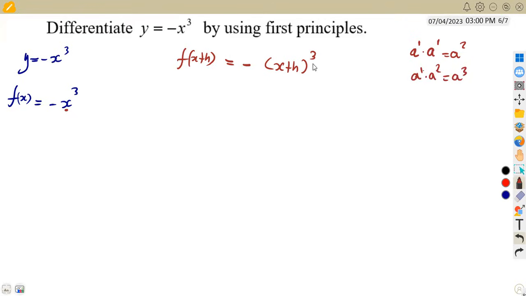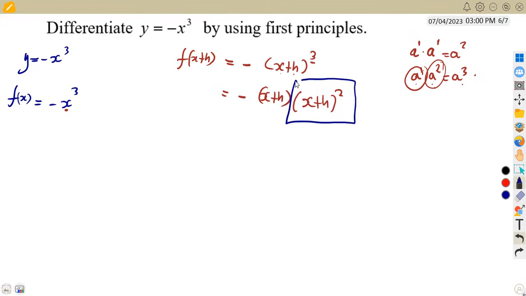In order for us to obtain these 3, it means we can use one linear and one quadratic. So this can be given as minus a linear expression of x plus h into the quadratic, which will be of x plus h, so that's x plus h squared. Just like a times a squared is a cubed, you haven't changed anything. Why write in this way?